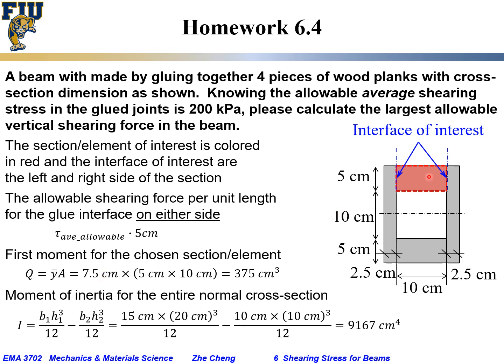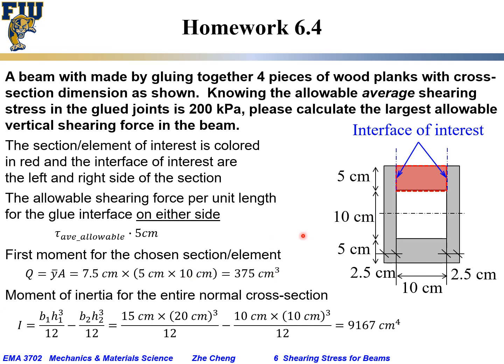And the normal cross-section area for the element of interest would just be 5 centimeter times 10 centimeter. So you plug the number in and you will get the first moment for the element that we choose, which will be 375 centimeter to the power of 3. Okay, that will be our first moment.